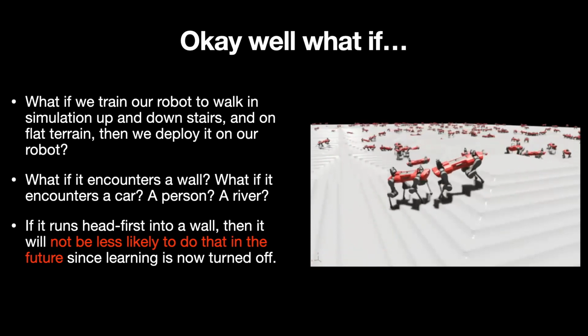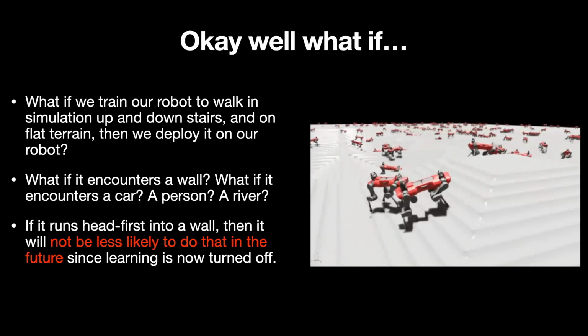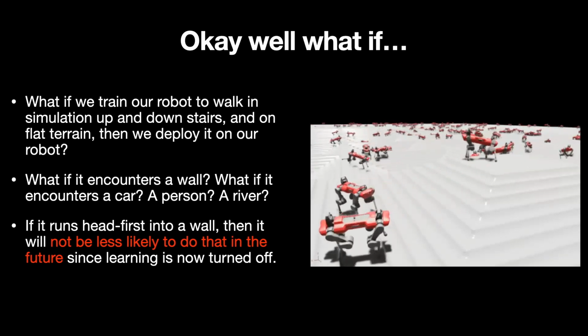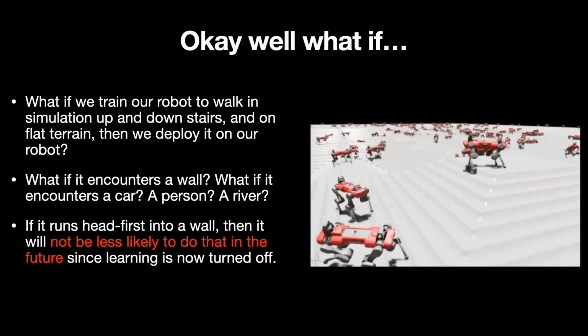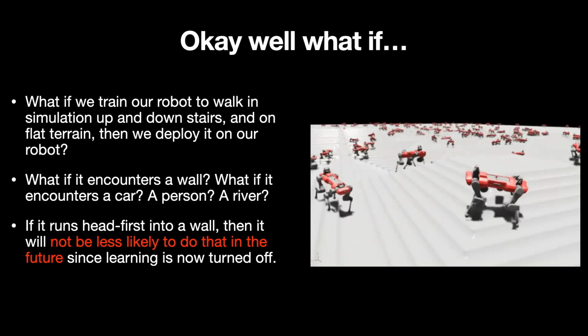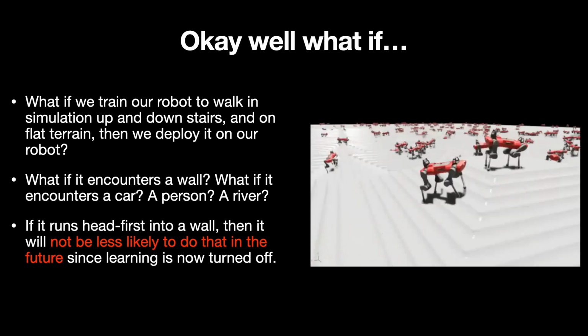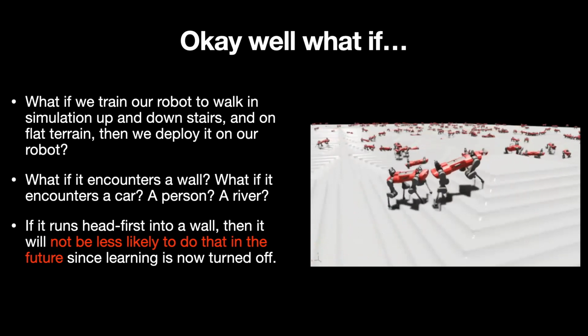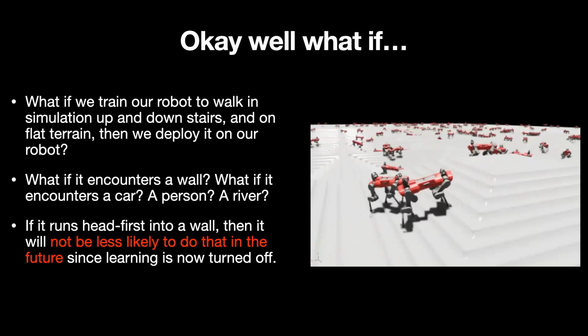But the problem with neural networks is there's not a lot of causality happening. You have this big machine and you don't really know what's happening on the inside of it. And slamming your head into a wall is not a very easy behavior to define when you're a robot, right?